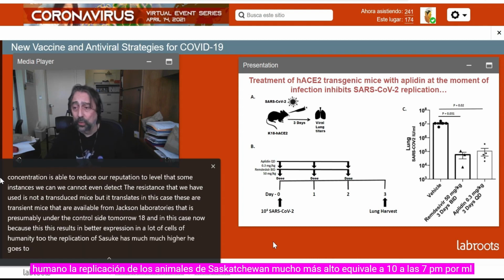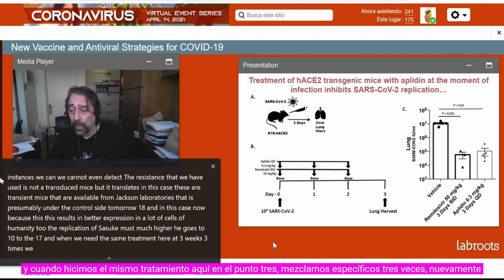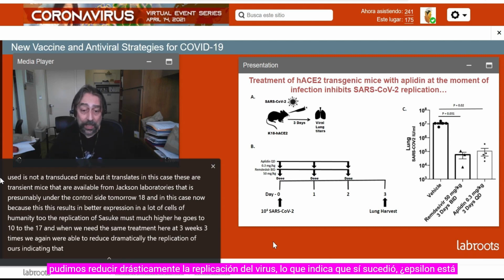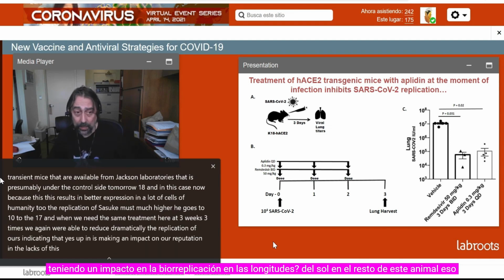It goes to 10 to the 7 PFU per ml. When we did the same treatment here, 0.3 mg per kg 3 times, we again were able to reduce the replication of the virus dramatically, indicating that, yes, Aplidin or plitidepsin is making an impact on viral replication in the lungs of this animal.